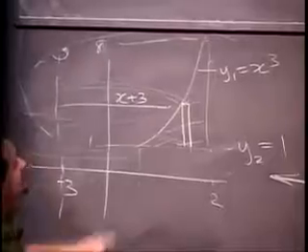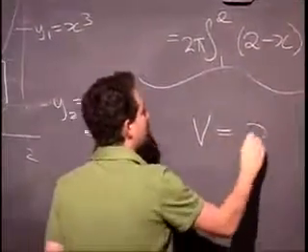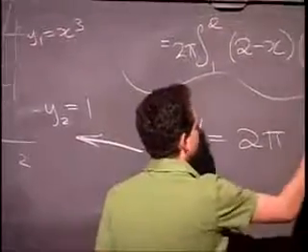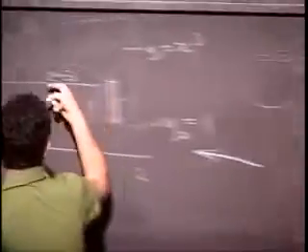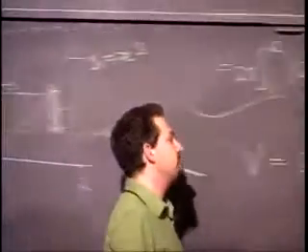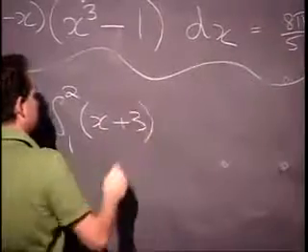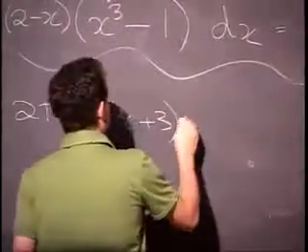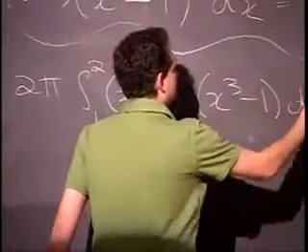To do this one, it's going to be exactly the same as what we just did, but instead of 2 minus x, it's going to be x plus 3. After all, the radius is x plus 3. We're revolving around minus 3, so it's x minus minus 3. So it's going to be x plus 3 outside of x cubed minus 1 dx.